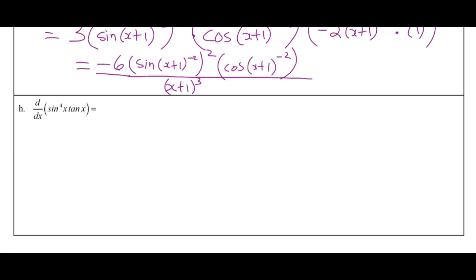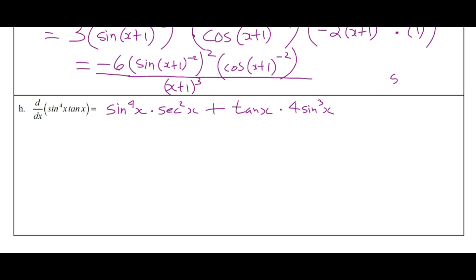Okay, so sine to the 4th x times tan x. Applying the product rule, it's f times g prime, or the first function times the derivative of the second, plus the second function times the derivative of the first, which is going to be 4 sine cubed x.